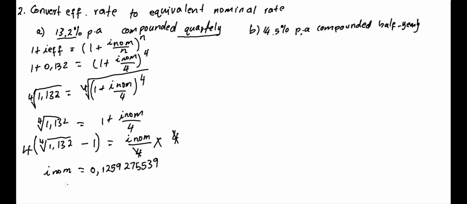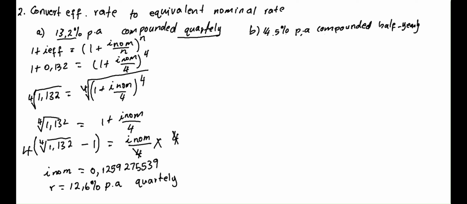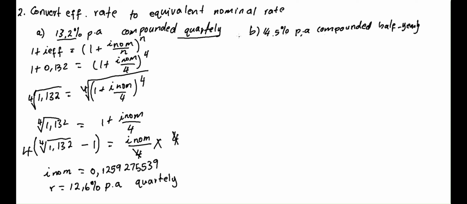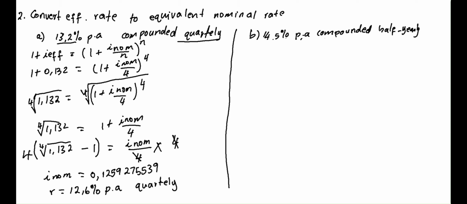So you multiply by 100 since we are looking for a rate. So we are going to say per annum compounded quarterly. What I want to draw your attention to, guys, is that you can clearly see that our nominal rate is always smaller than our effective rate. So do not hesitate when it comes to that one.